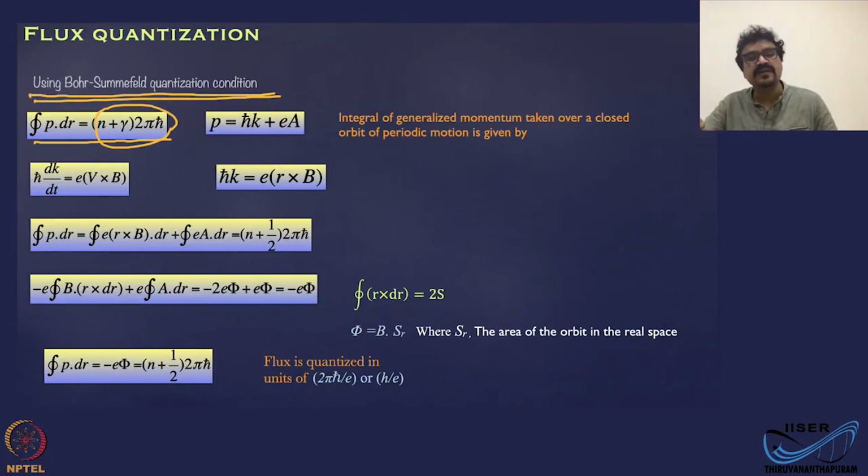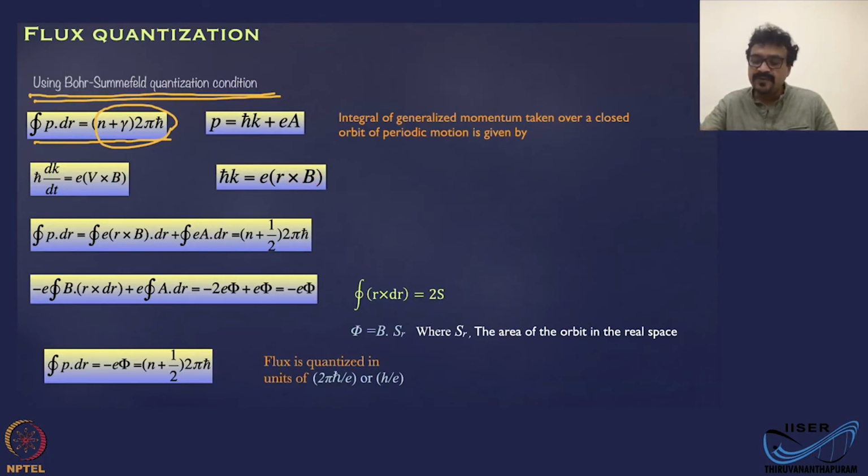Okay. So the ħk is e R cross B. This you can get from the force, ħ dk by dt = e v cross B. So when you integrate it, you will get R cross B. Okay. ħk = e R cross B.